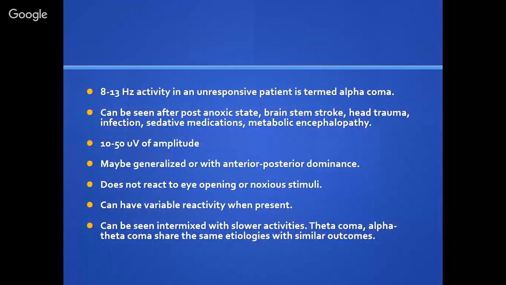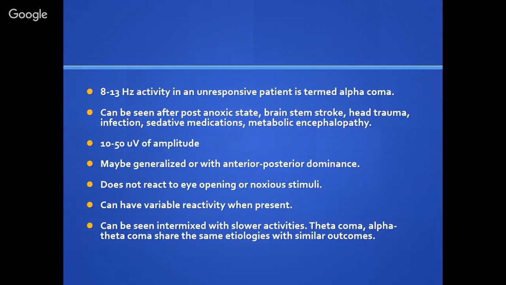So alpha coma, 8 to 13 hertz activity in unresponsive patients, is termed alpha coma. It can be seen after post-anoxic injury, brainstem stroke, head trauma, infection, sedatives, metabolic causes, like everything, right? It may be generalized or with anterior posterior dominance, like we saw, and does not react with eye opening or noxious stimuli. So the patient needs to be basically unresponsive, comatose, 3 out of 15 on the scale.